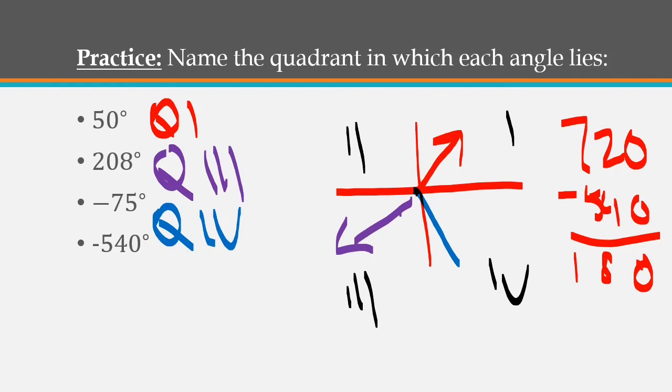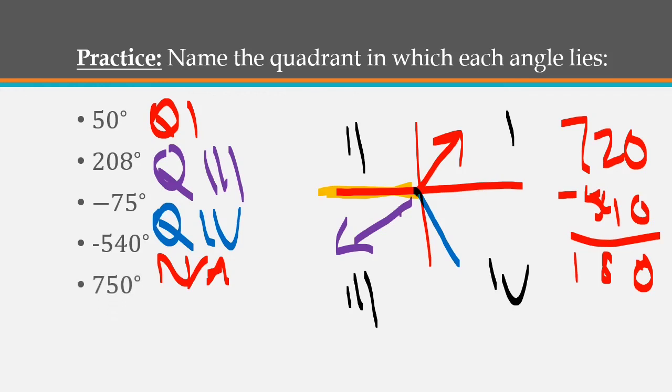And I get 180. Now, because 180 is on this line right here, it is not in a quadrant. So that is NA. Negative 540 is not in a quadrant, it's a quadrantal angle.